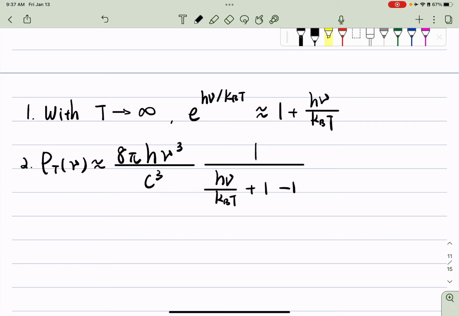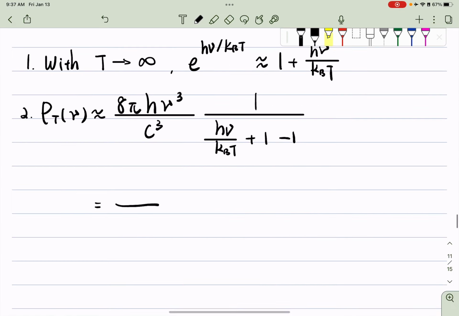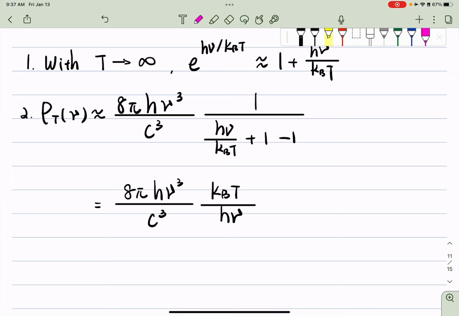Rewriting the term a little bit, we have 8 pi h nu cubed over c cubed times kBT over h nu, and obviously we can cancel out some of the terms here.